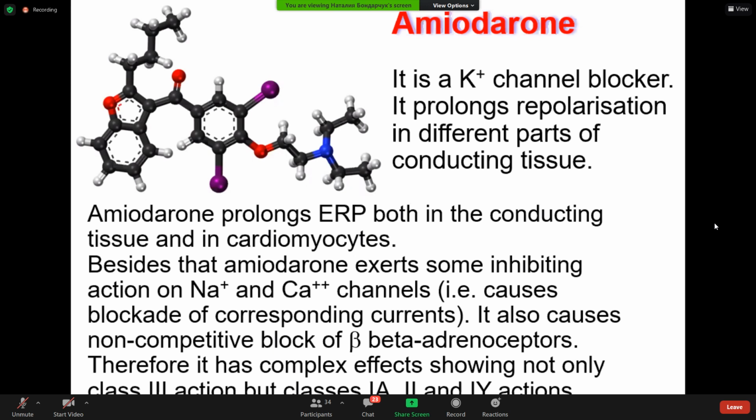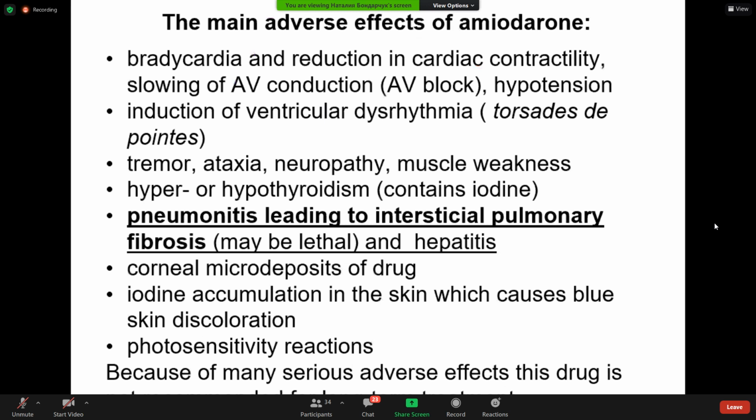Therefore, it has complex effects, showing not only class 3 action of antiarrhythmic drugs, but also class 1A, second and fourth class actions. And this drug, because of its multiple mechanisms of action, can also cause a wide range of adverse effects: bradycardia and reduction in cardiac contractility, slowing of AV conduction, in some situations that can cause AV block, and hypotension.